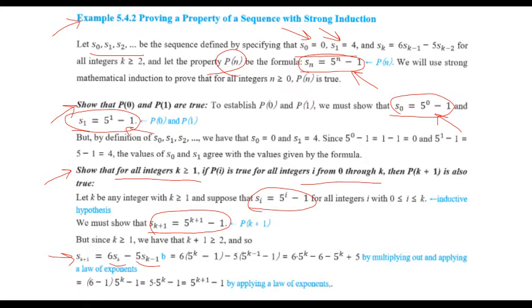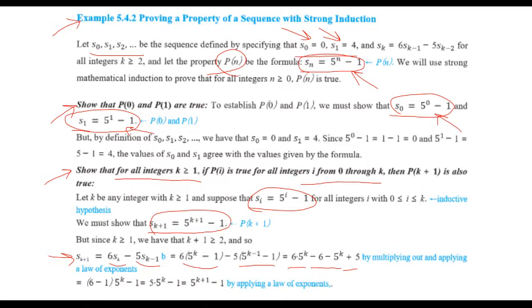So S sub k based on the inductive hypothesis is equal to 5 to the power k minus 1, and S sub k minus 1 based on the inductive hypothesis is equal to 5 to the power k minus 1 minus 1. By replacing S sub k and S sub k minus 1 with their equal values, we get 6 times 5 to the power k minus 6 minus 5 to the power k plus 5.